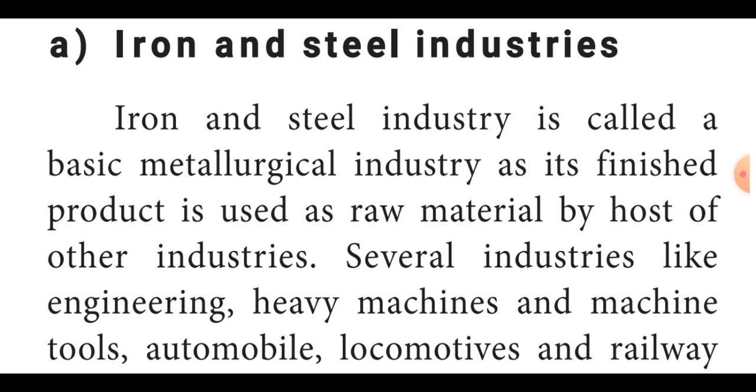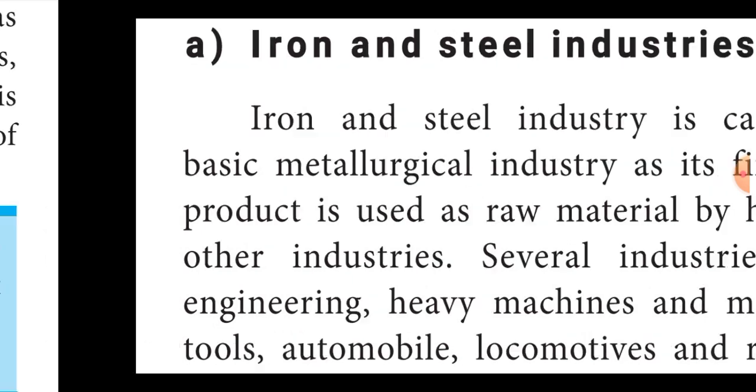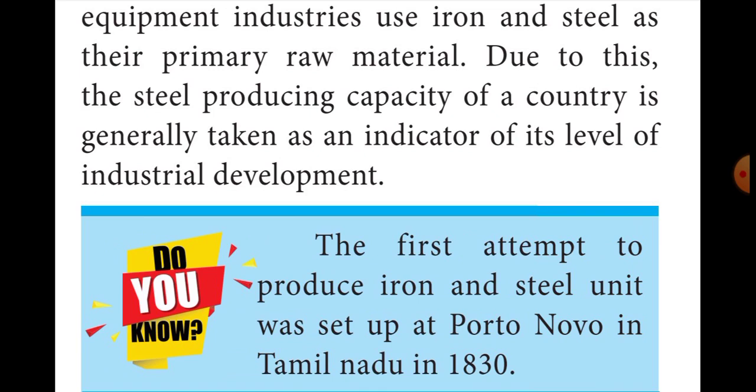For example, several industries use that finished product to produce things like engineering goods, heavy machines, machine tools, automobiles, locomotives, and railway equipment. These things are produced with the help of the finished product of iron and steel industries.